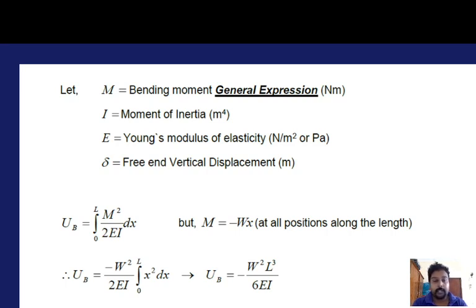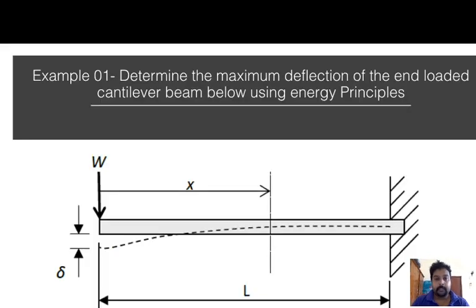So from the earlier equation, we can take U_B equals M squared divided by 2EI dx. For the whole length, it will be integrated from 0 to L. But now if you look at the previous diagram, the moment at x is basically minus W times x, because the force is W and the distance is x.